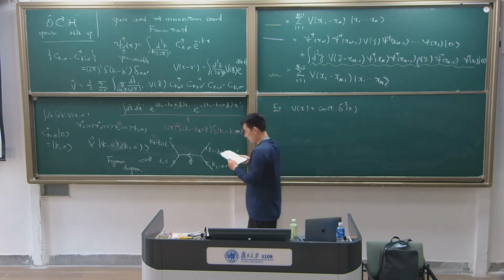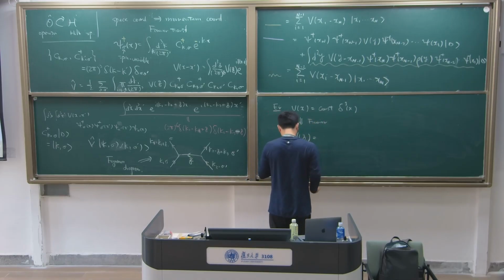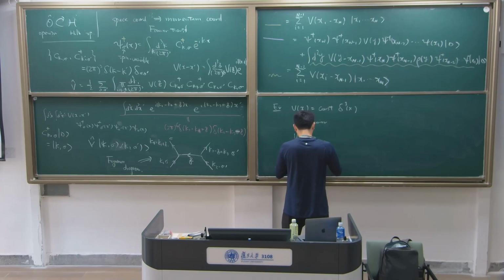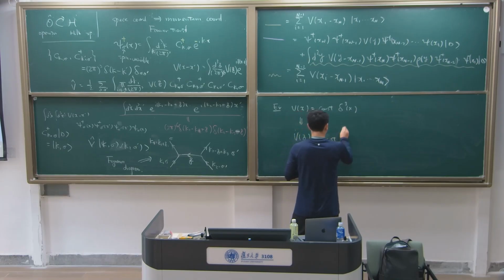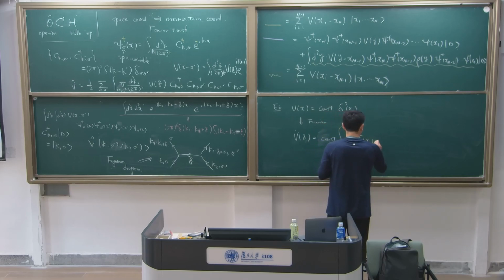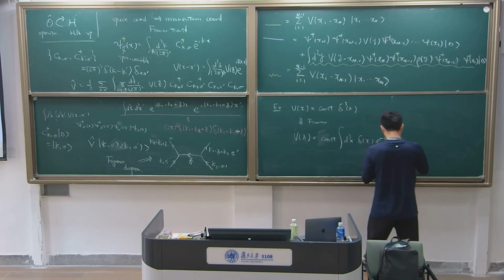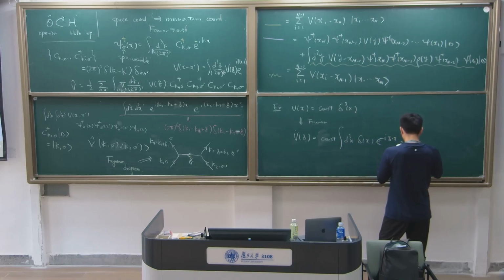If you write it this way and go to momentum space by Fourier transformation, V of q is given by the constant times the integral d cube x e to the minus i q x, which is equal to just a constant.